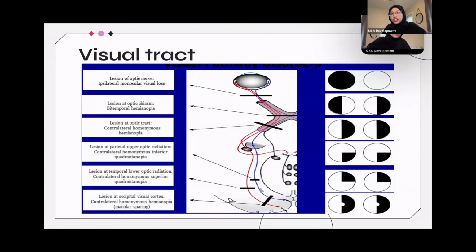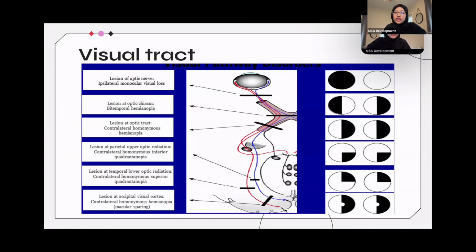So contralateral vision loss, because this blue thing comes from that side. Remember that. Now, what about this one? So if the lesion is in the lower temporal side, the vision loss is in the upper quadrant of the contralateral. So left side, that's the right, okay? And so on.